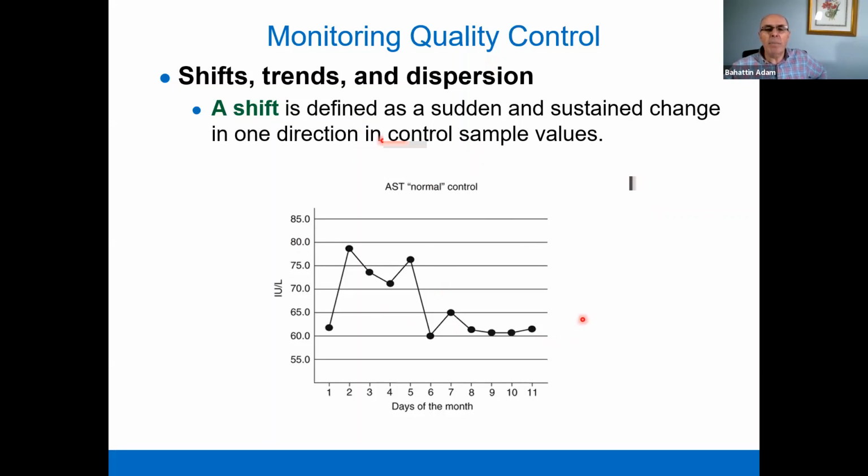You are measuring the amount of enzymes as a control sample, and as you see, after day 8, your results are always on the same side, which is known as a shift.